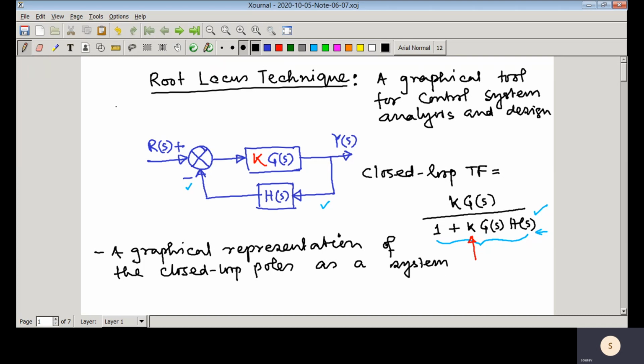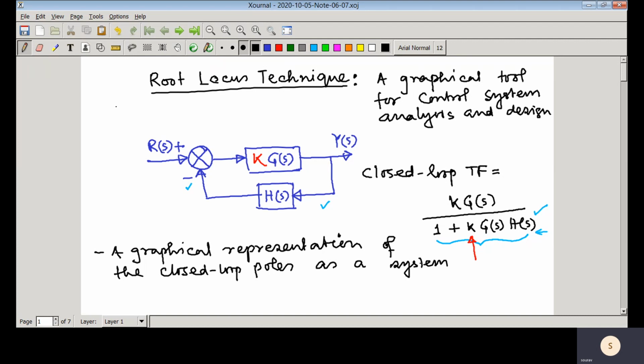In this case the system parameter is the forward path gain, but we can also represent the problem where a pole is varying or a zero is varying. That we will be discussing later.